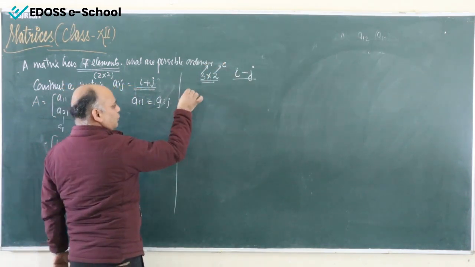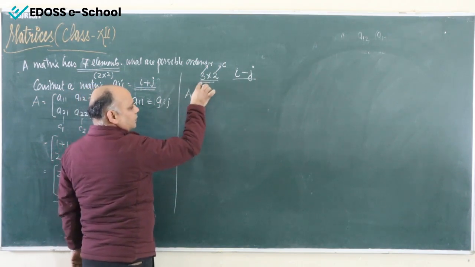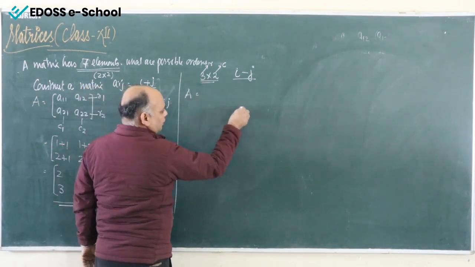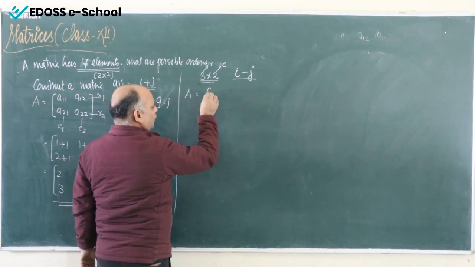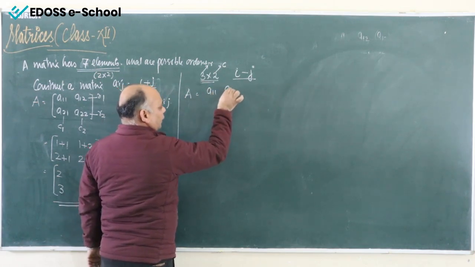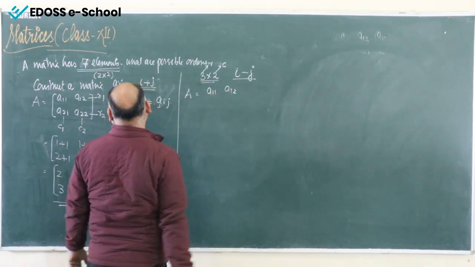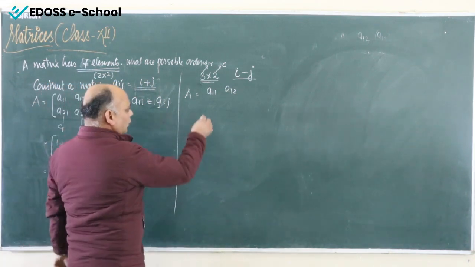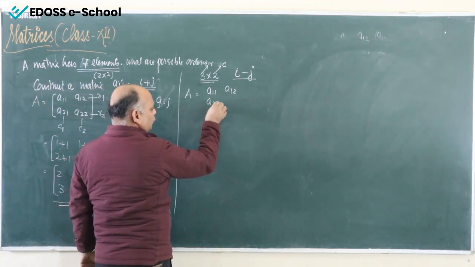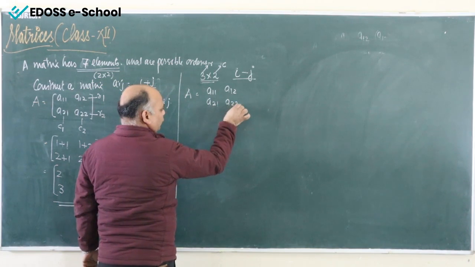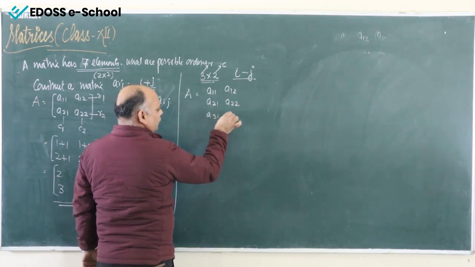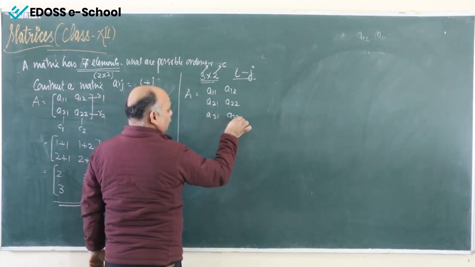Then the matrix A will be equal to 3 rows and 2 columns: A11, A12, A21, A22, A31 and A32.